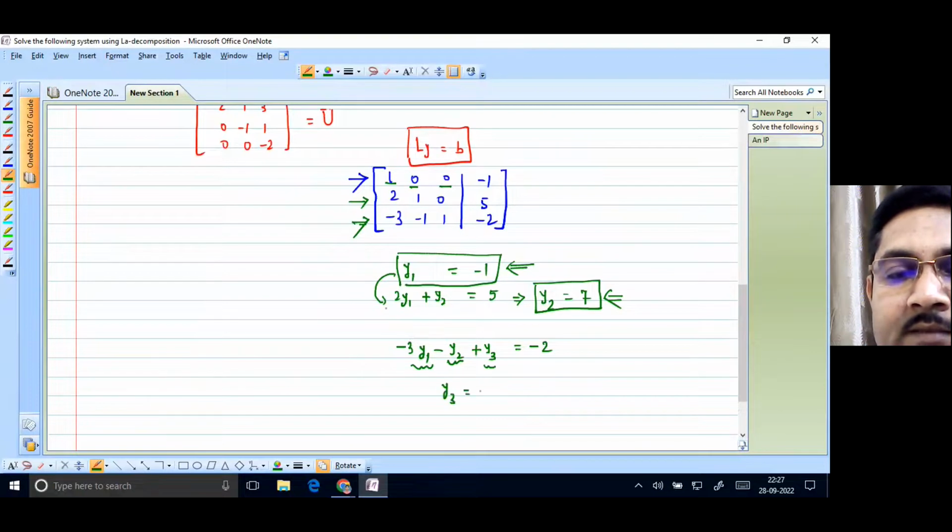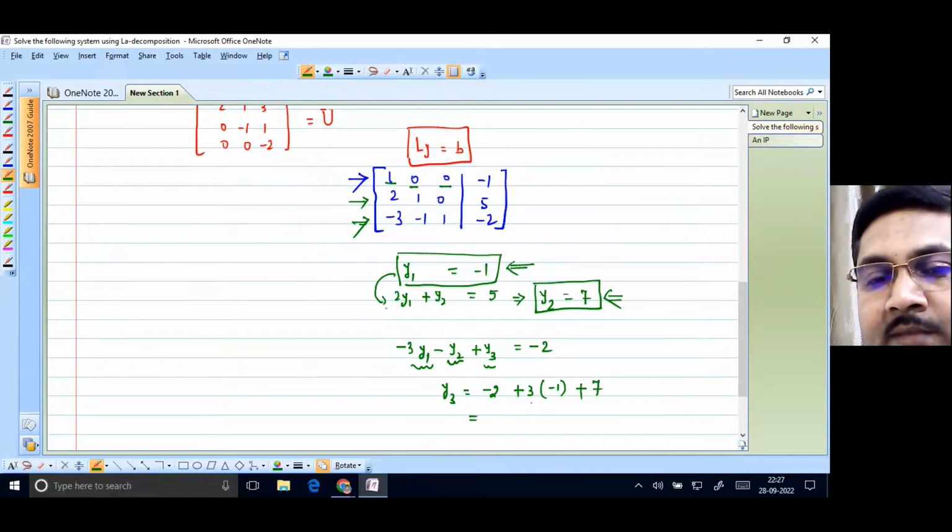So y3 is minus 2 plus 3y1, y1 is minus 1, then minus y2, if I bring it here, it is plus y2. So y2 is 7. Minus 2 minus 3, that is minus 5 plus 7, that is 2.